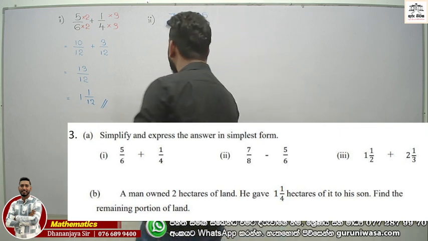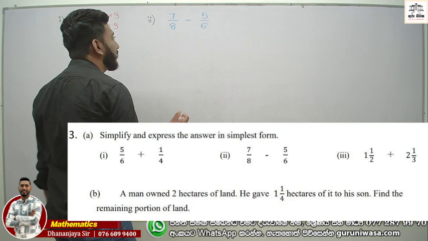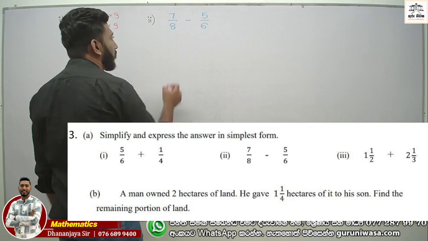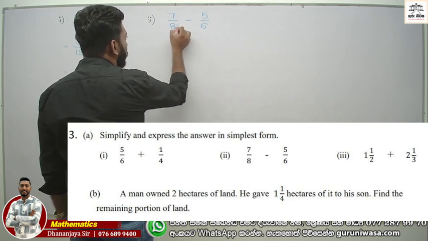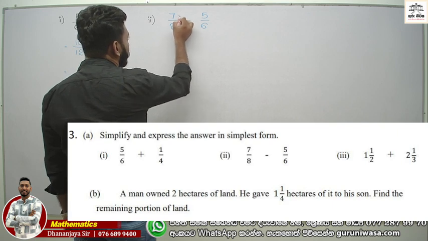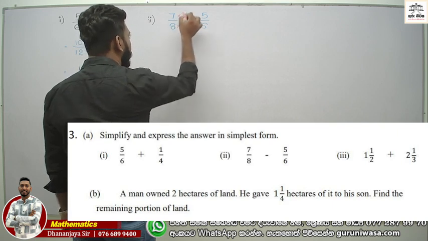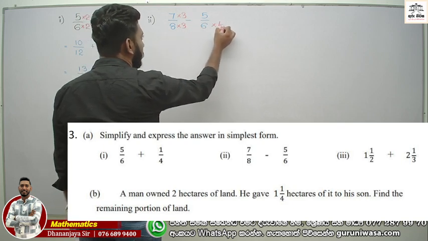Now I'm going to change to a common denominator of 24. Now 8 you need to multiply by 3. Now 6 you need to multiply by 4.